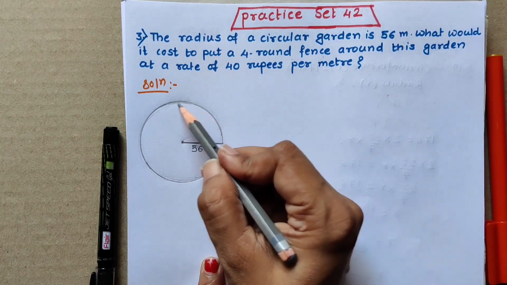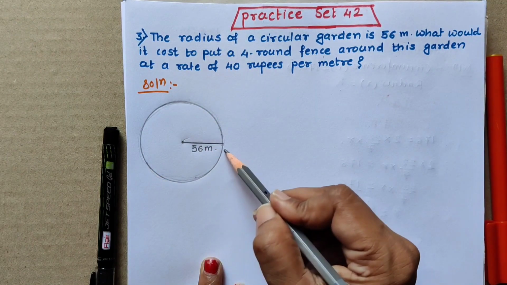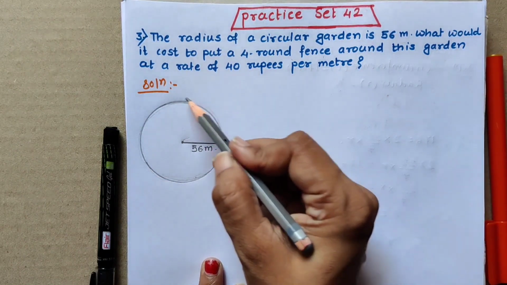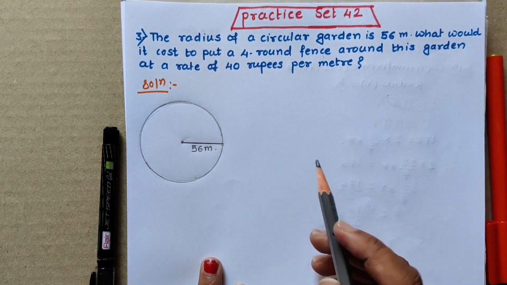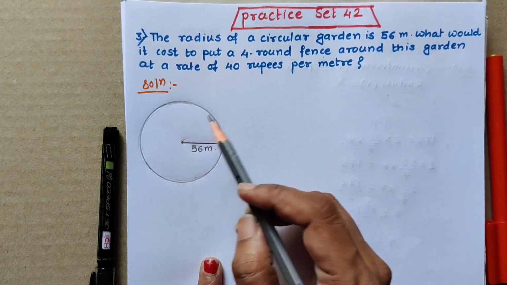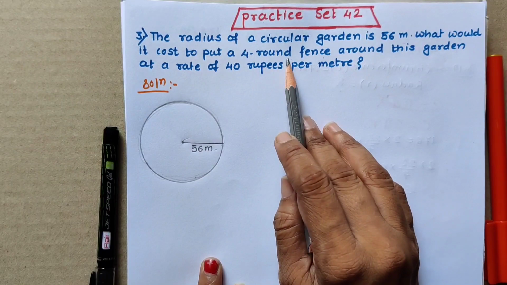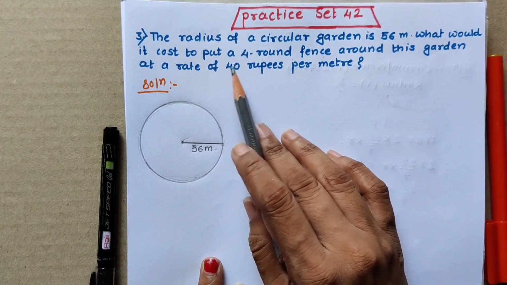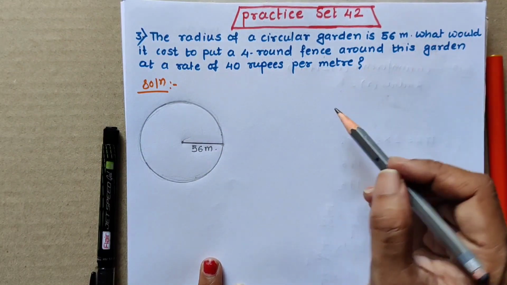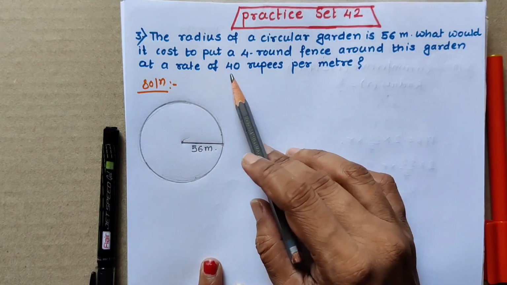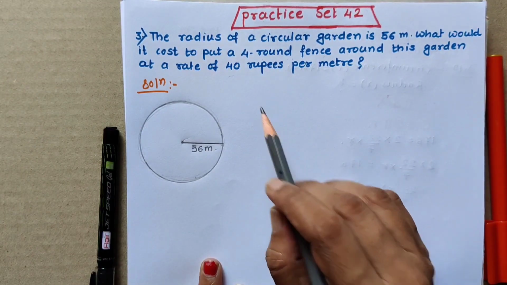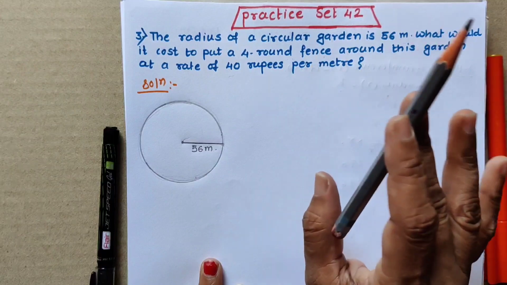So 1 round means what? Circumference. So let us first find out the circumference. Then we will find out for 4 rounds how many meters of fence are required. And then we will find out the cost for 4 rounds of fence.